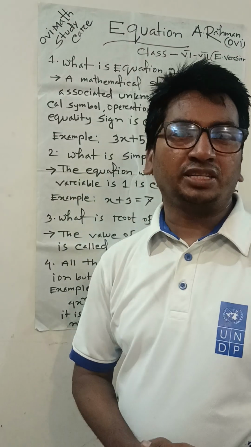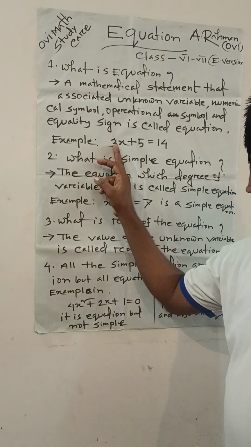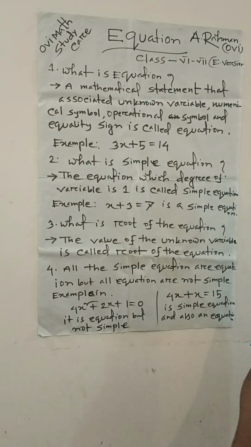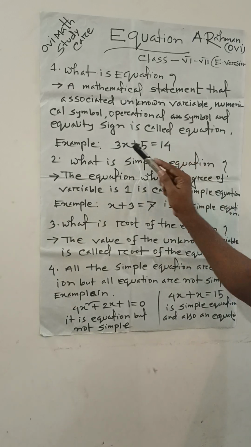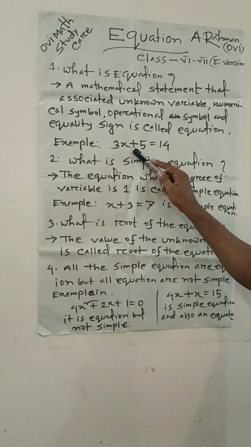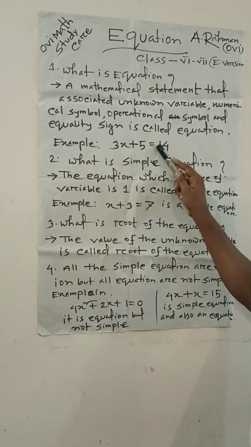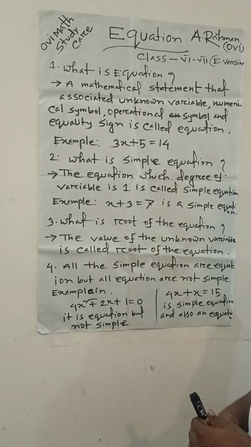What do we mean by this definition? If we have clear idea about this example, we will be clear about what is the equation. Here 3, 5, 14 are numerical symbols. X is unknown variable. Plus is operational symbol. And there is another symbol which is called equality sign.